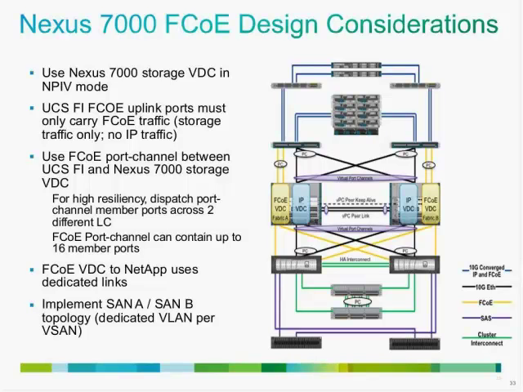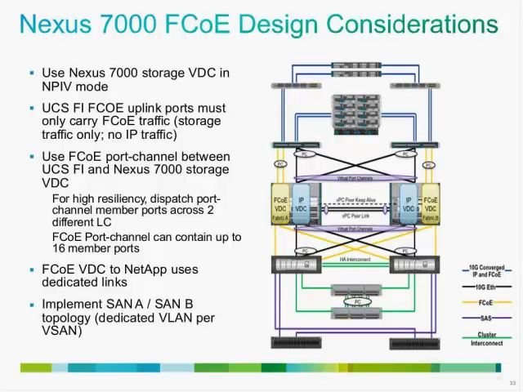On the Nexus 7000, there is a feature which is either released now or is going to be released in the near future, where you can do port channeling on the converged port. Nexus has a concept of a converged port where, when traffic goes from a device such as NetApp or the fabric interconnect into the 7K, you can carry both FCoE as well as LAN traffic on the same port, which is the so-called converged port.